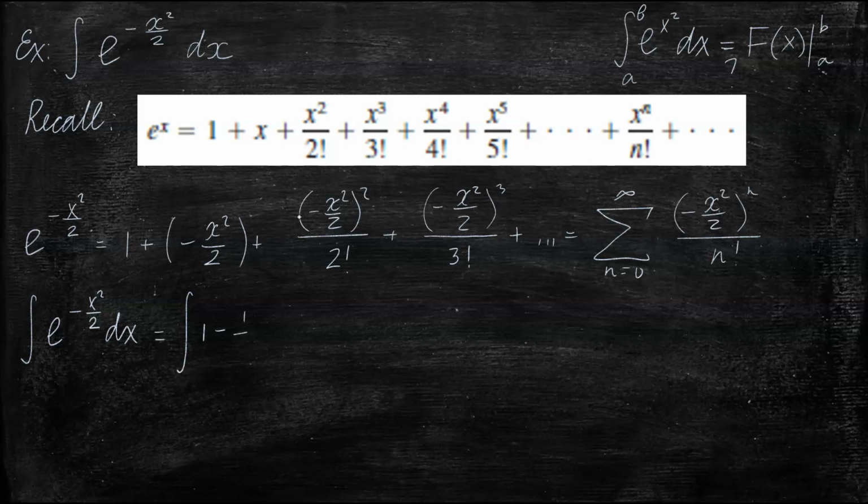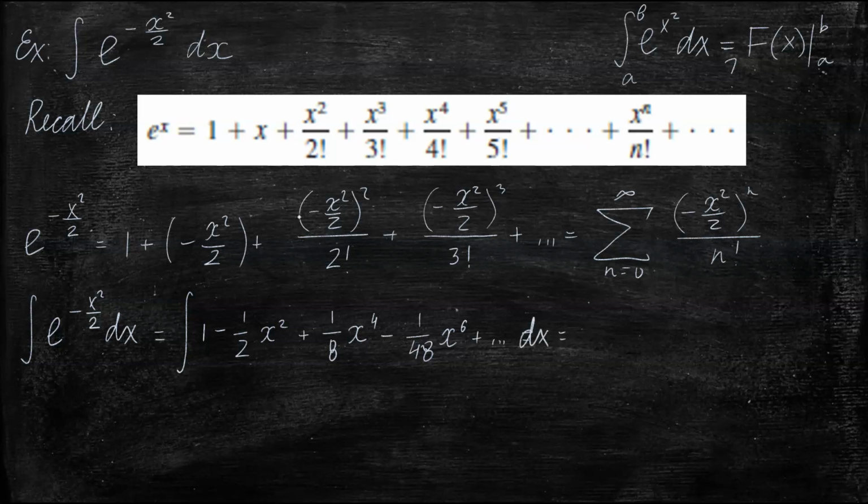So we have 1 minus 1/2 x squared plus 1/8 x to the 4 minus, we have 8 times 6, 48 x to the power 6, etc.